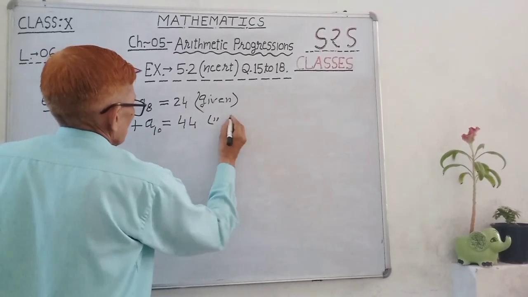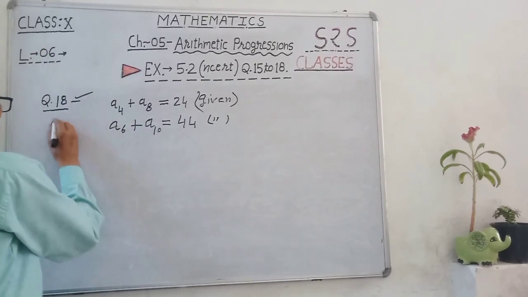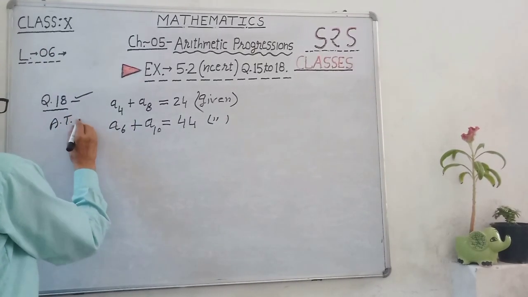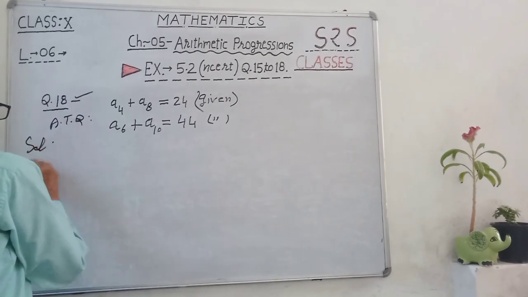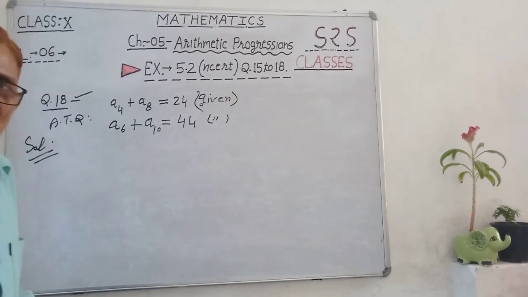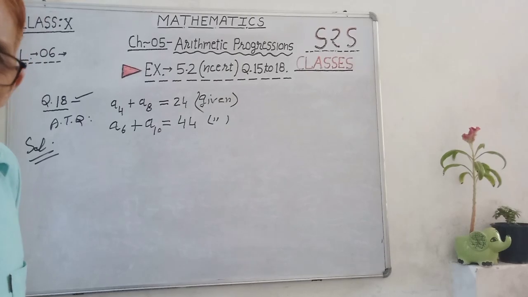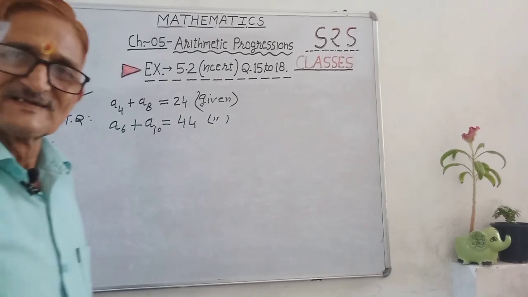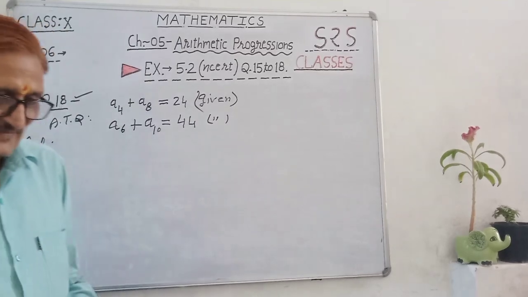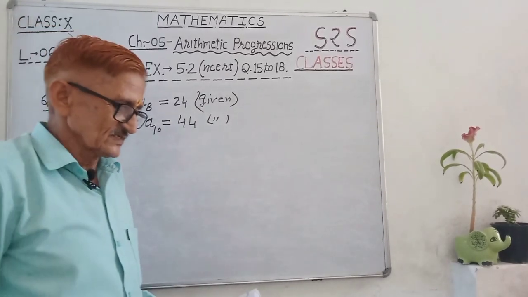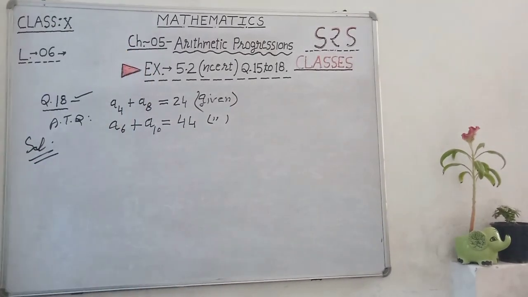This is also given according to the question. Okay, solution. Now what? Simplify these linear equations in two variables, as in the third chapter we have solved. We have to find the first three terms of the AP.